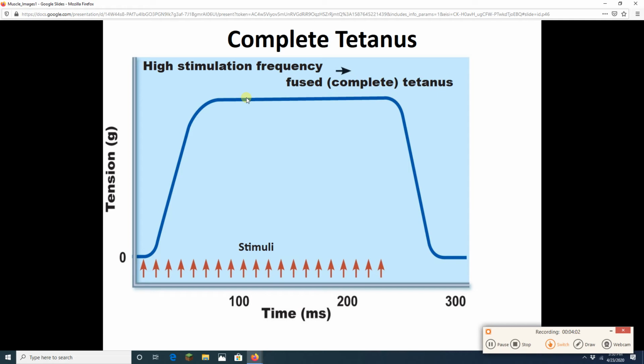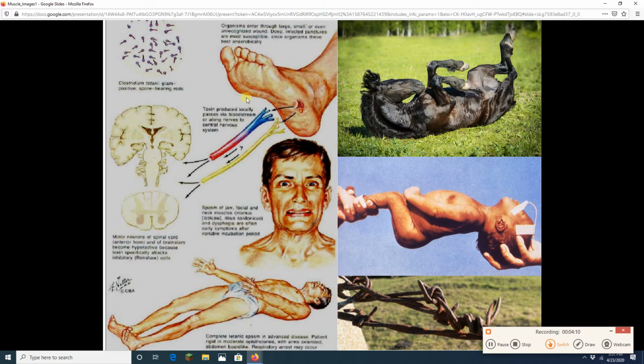That's how it works. All right, now you may see this word tetanus and think, does that have anything to do with a tetanus shot? And the answer is, well, kind of, sorta. There are these bacteria called Clostridium tetani, and you can often find them in the little crevices on a rusty nail or rusty barbed wire here.